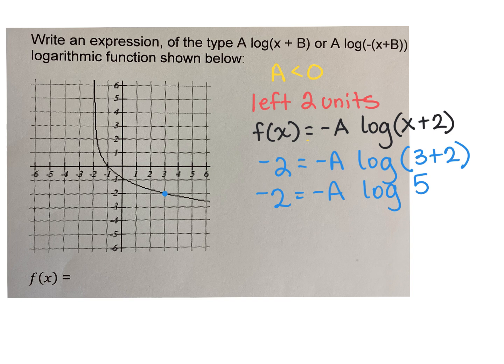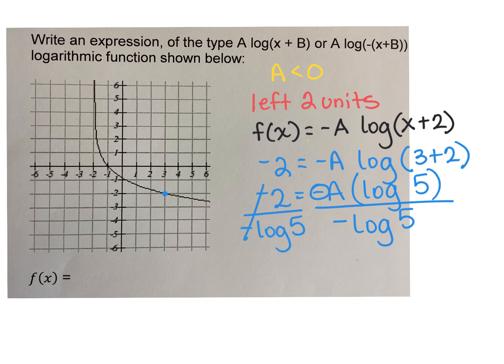You don't have to write these as decimals. So I know that log 5 is a number. I know that this negative indicates that I have a -1. So I'm going to divide by negative log of 5 on both sides. Negative divided by negative becomes positive. So I know that a is the number 2 divided by log 5.